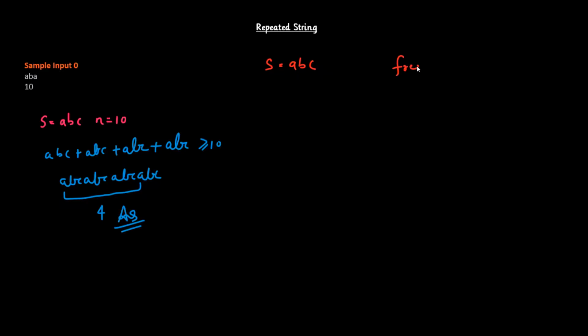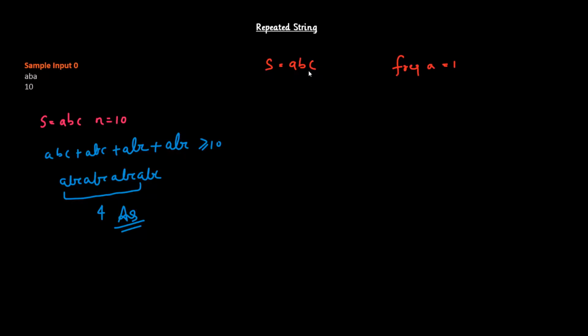You can mention the frequency of A equals 1. Now I know if I add this string 2 times, how many A's will be there? 2. If I add this string 3 times, how many A's will be there? 3, right? So I don't need to traverse the complete string and check how many A's are there. I'll just check how many A's are present in the initial string.